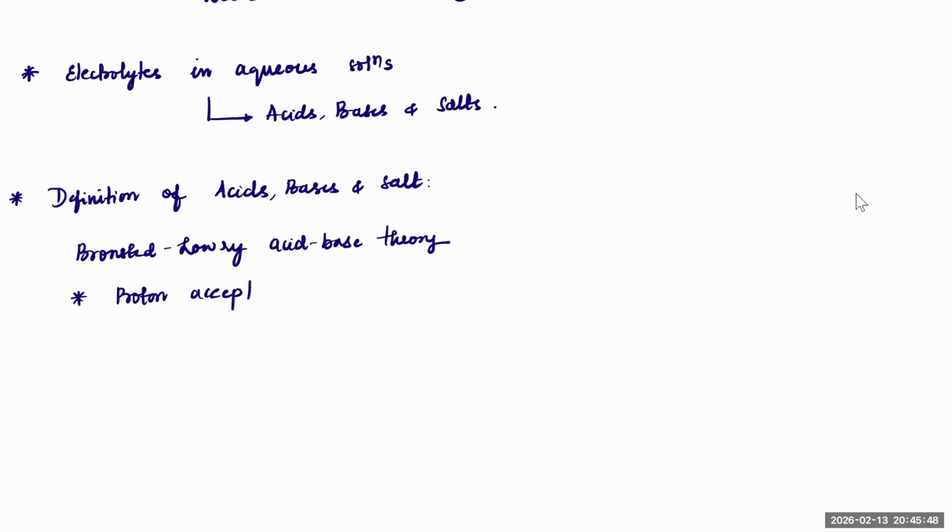Anything which will accept proton means H plus, if it accepts an H plus, that is Bronsted Lowry base. And if it is a proton donor, that means it is donating a proton into the solution, then that is Bronsted Lowry acid.